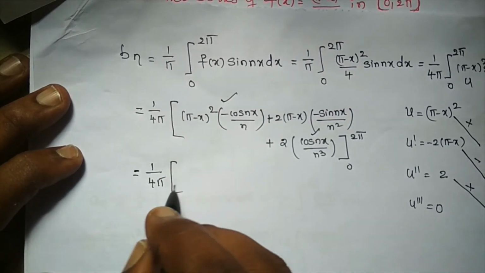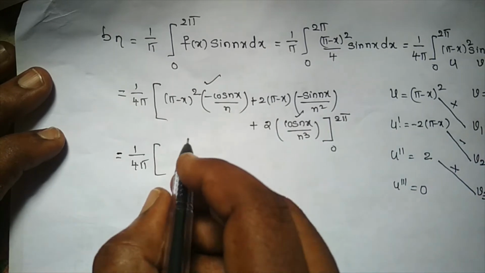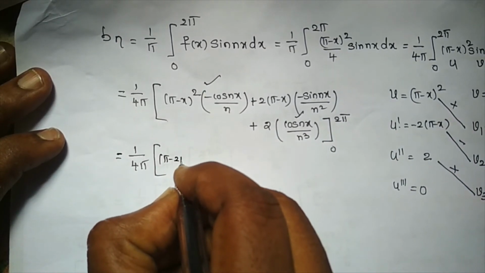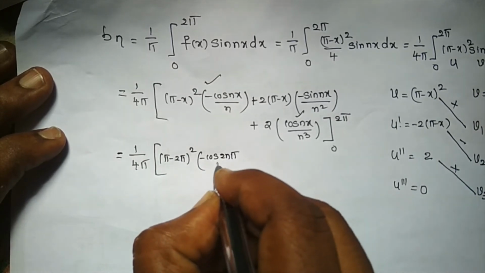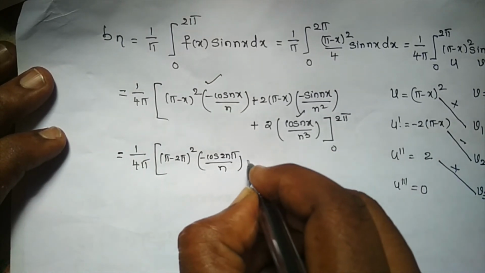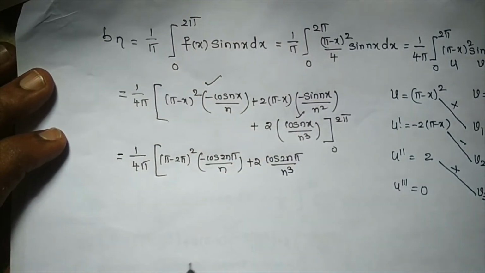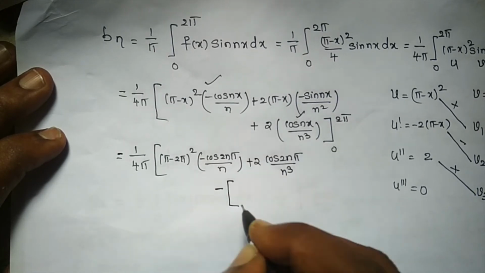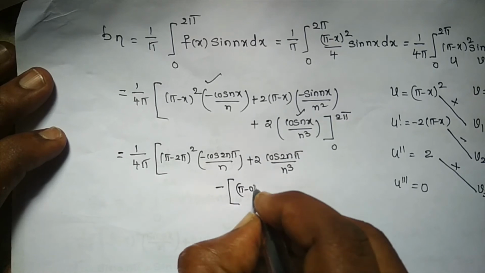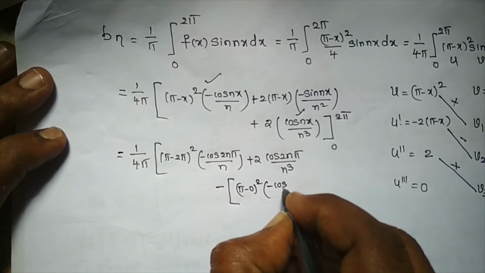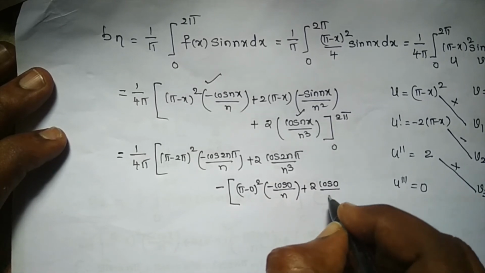So that is 1 by 4 pi into the first term: pi minus 2 pi whole square into minus cos 2n pi by n plus 2 into cos 2n pi by n cube, minus of the second limit: pi minus 0 whole square into minus cos 0 by n plus 2 into cos 0 by n cube.